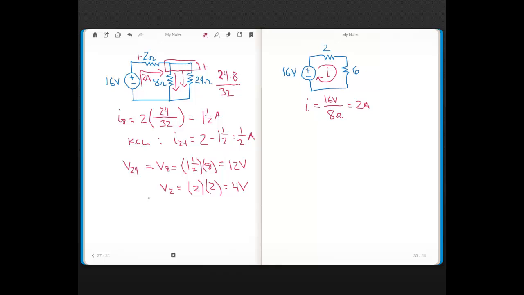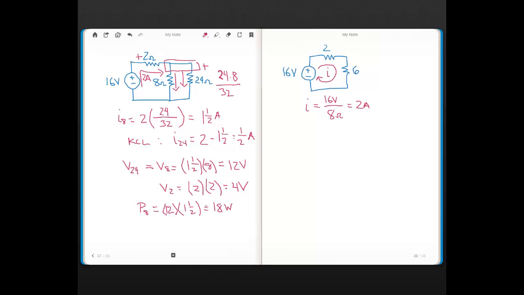And we could find what power is for any of the resistors. For example, the power for the 8 ohm would just be its voltage, which is 12, times its current. The current for the 8 was 1.5. So 18 watts.